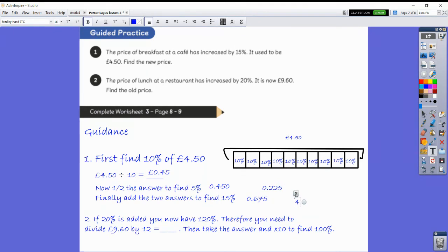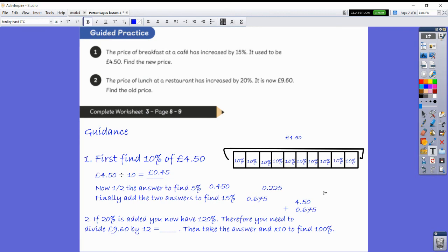So you need to do £4.50 add 0.675. Once you've added those two numbers, you need to round them to the nearest 2 decimal place number. So you will look at what digit you have in your thousandths column, and you will round up or down. And that will give you your answer.